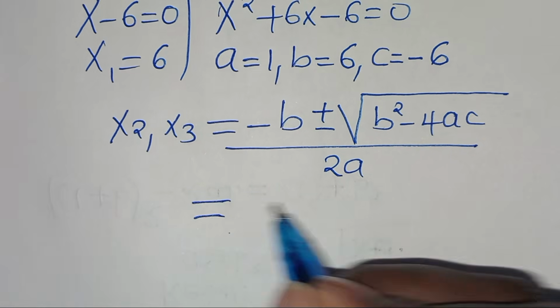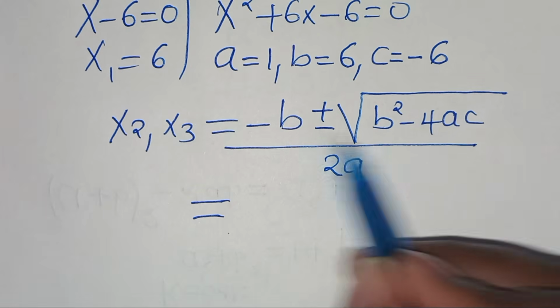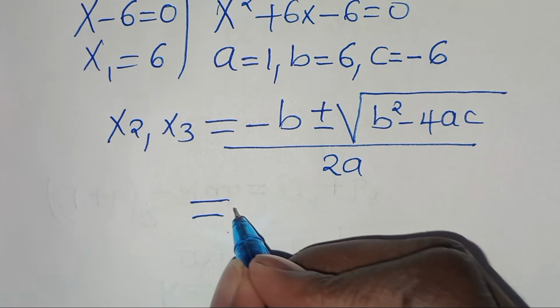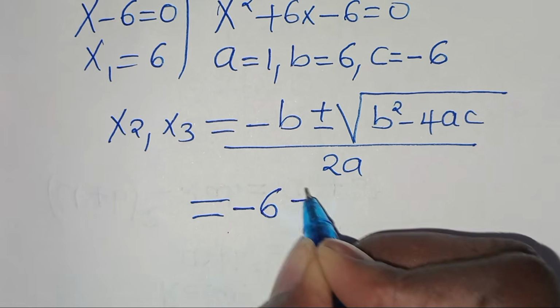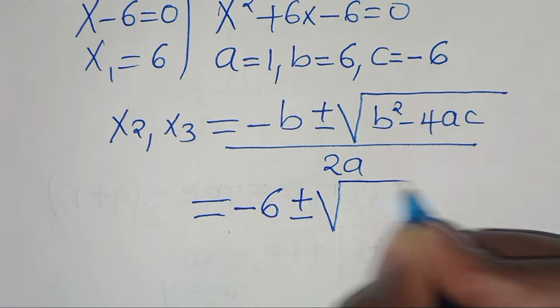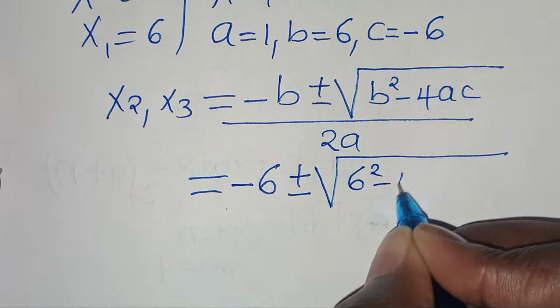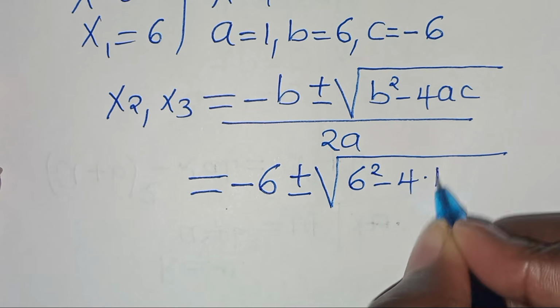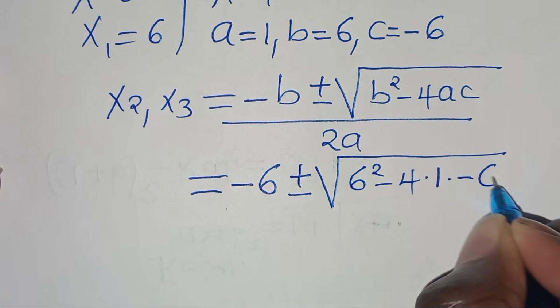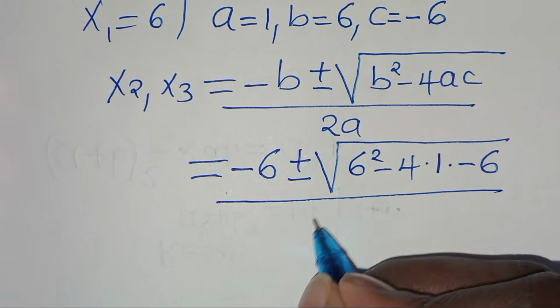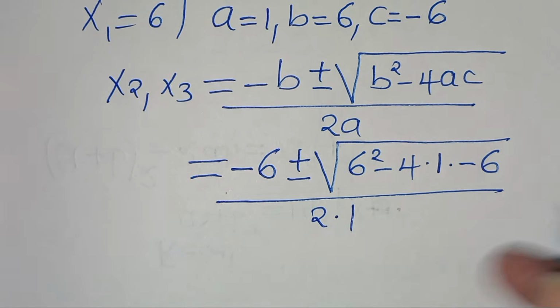Let's substitute the values of a, b, and c in this formula here. So this is minus 6 plus or minus the square root of 6 squared minus 4 times a, which is 1, times c, which is minus 6, everything divided by 2 times 1.